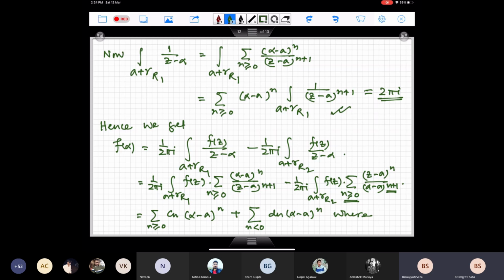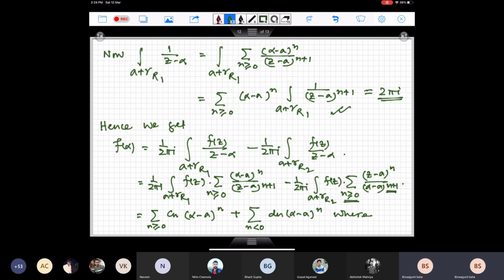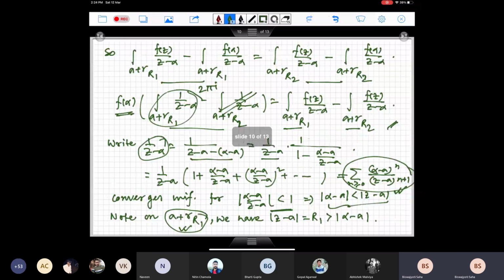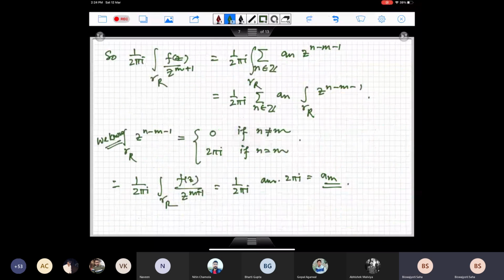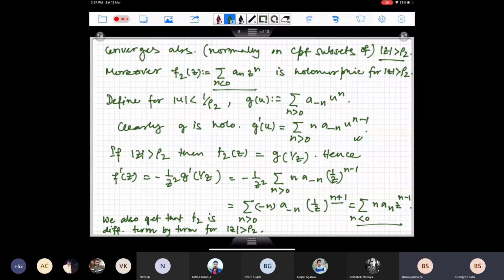So this is what we get if I put everything together: a Laurent expansion around a in terms of alpha, where the coefficients are given in this form. And if we go back, these were the formulas for the coefficients. Where did I write it?